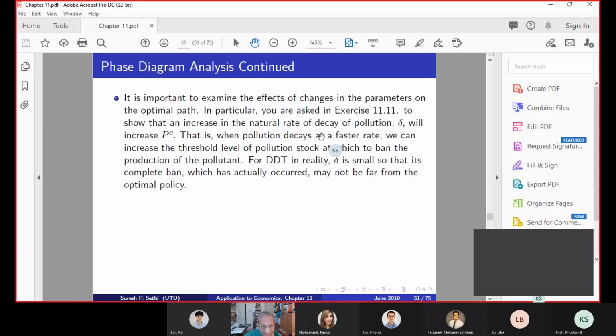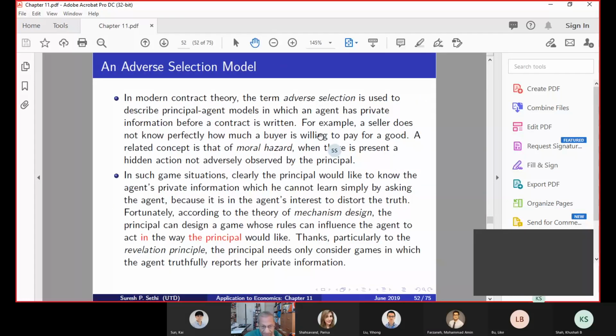I also want to mention to you that when I was a PhD student, one of my committee members was an economist. And he gave me a working paper by Akerlof called Market for Lemons. I was working with something else, didn't really pay too much attention to it.